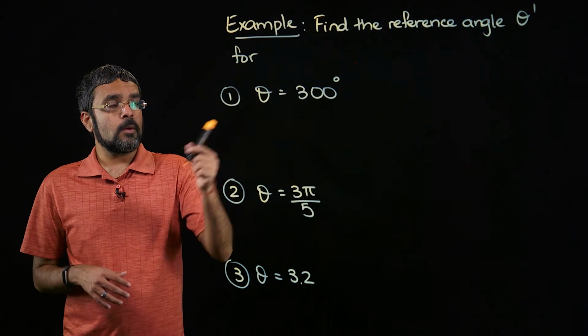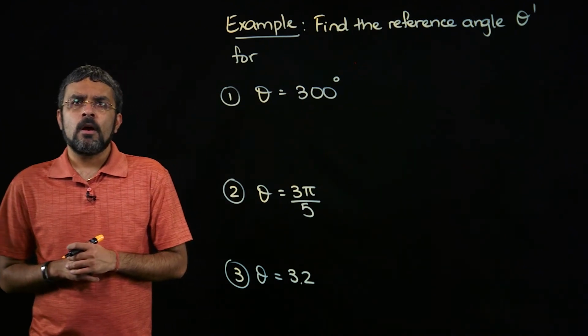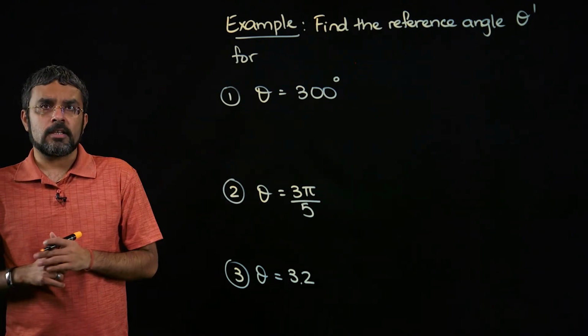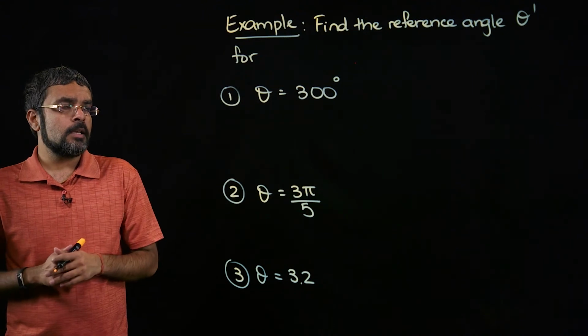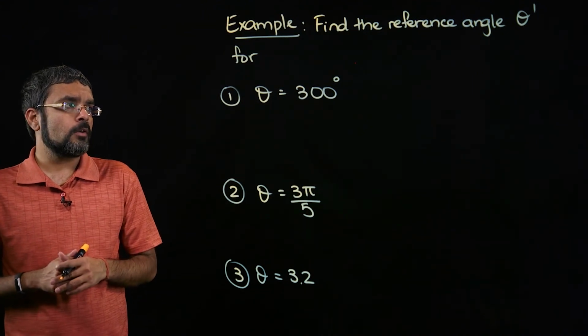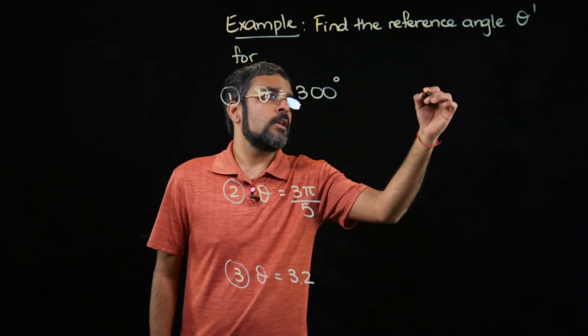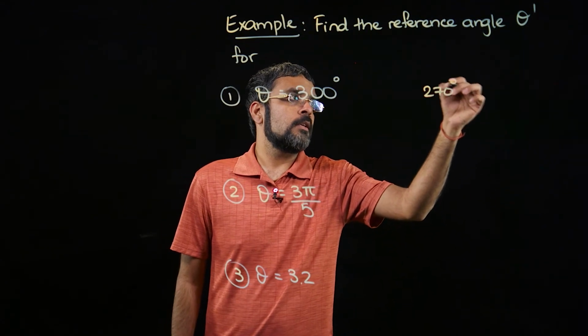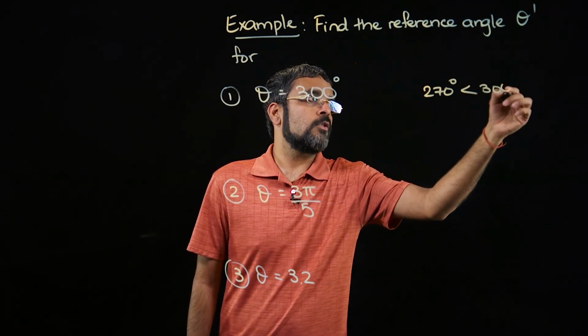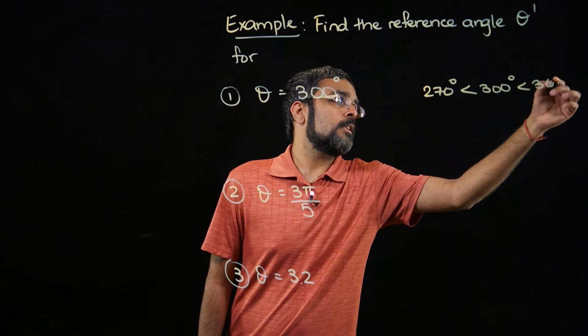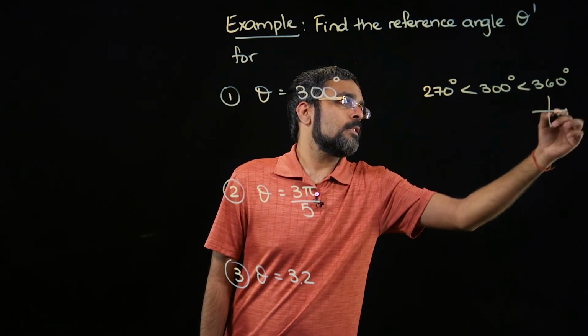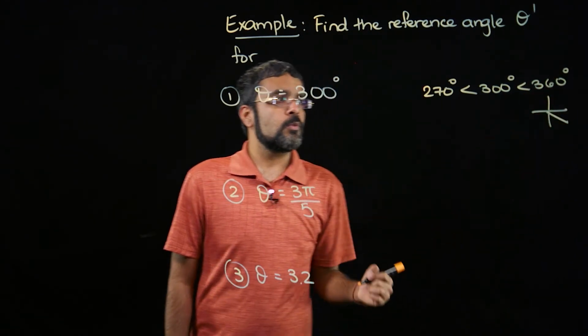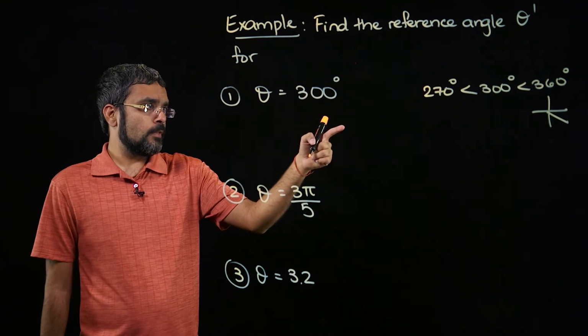So we have theta equals 300 degrees. Now if you remember, we need to figure out what quadrant it is in. So we know that 270 degrees is less than 300 degrees is less than 360 degrees, which means that is where my theta is going to be.